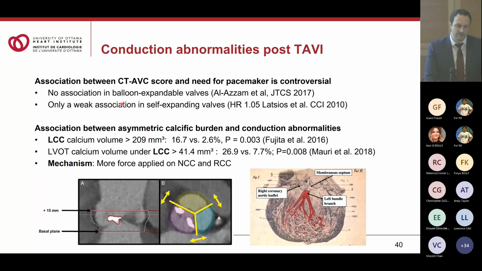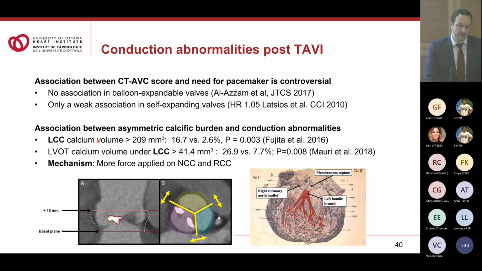Some studies showed really no association between the AVC score and needing a new pacemaker. And some study in self-expanding valves in particular showed a very weak correlation. However, the association that was more significant was really asymmetric calcific burden.